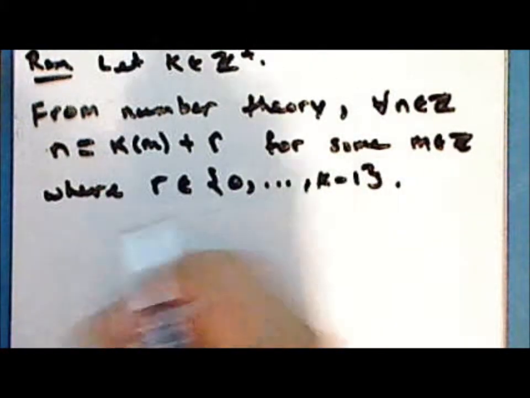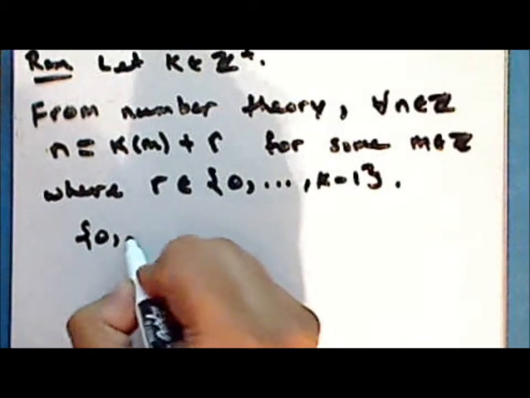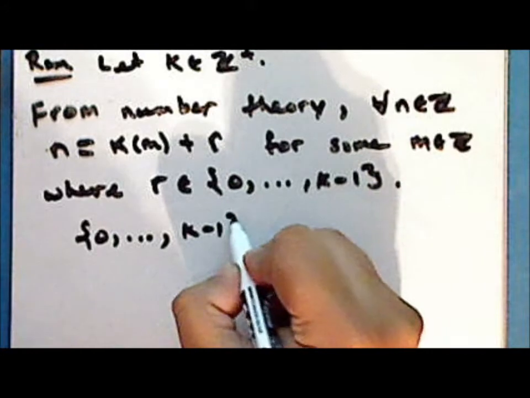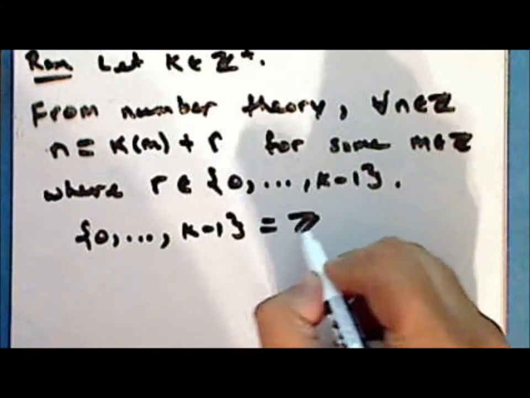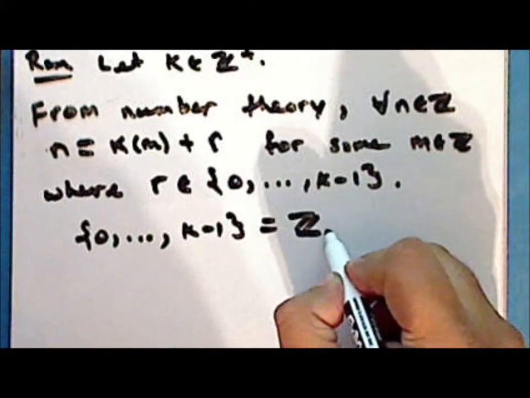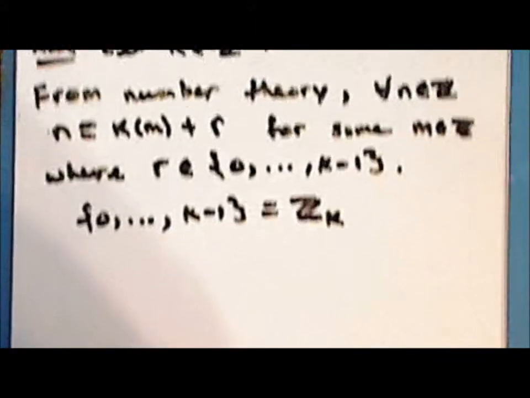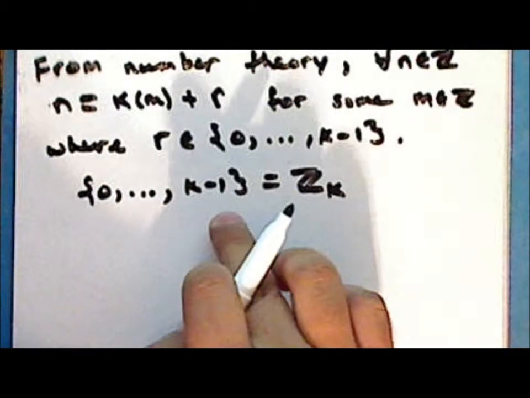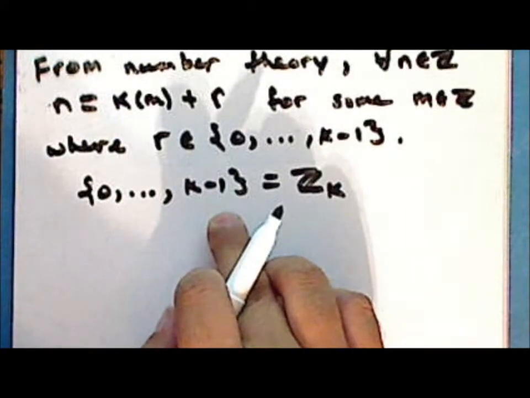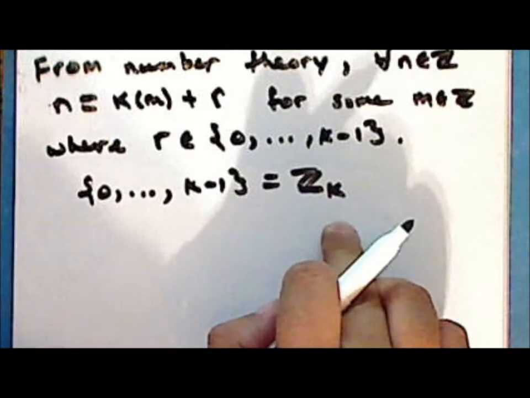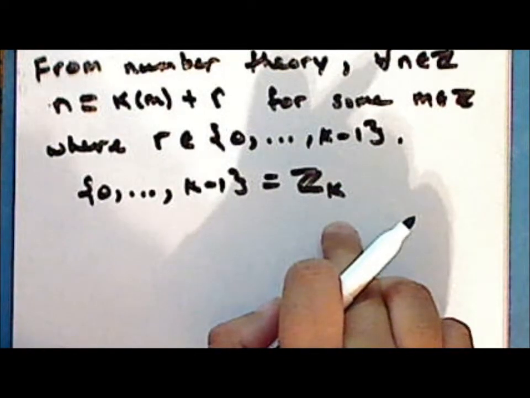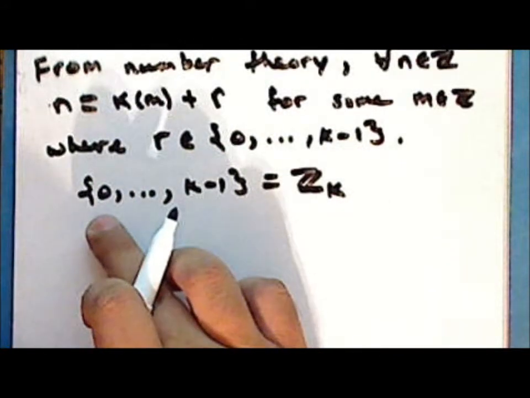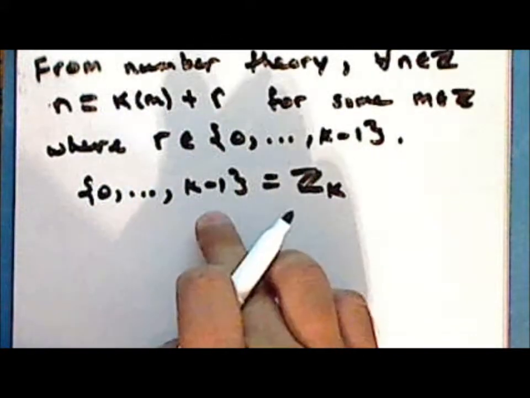The set of consecutive integers from 0 to k minus 1 is denoted with the same symbol for the integers with a subscript k, and we call this the set of integers modulo k. This set consists of a complete system of residues modulo k, that is, every integer is congruent modulo k to exactly one of the elements in the set of consecutive integers from 0 to k minus 1.